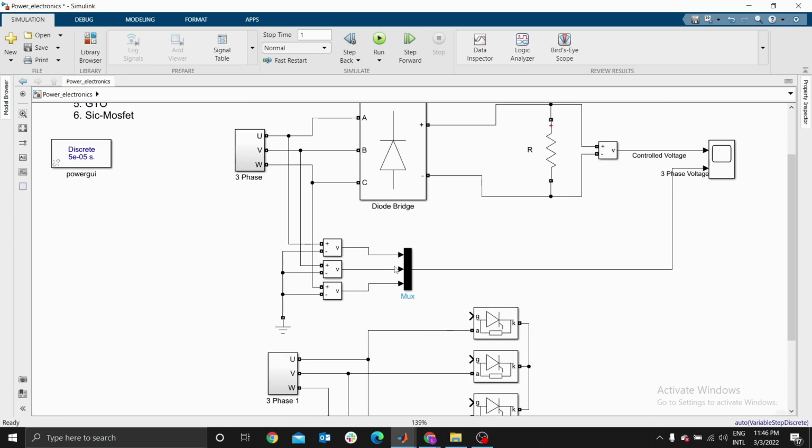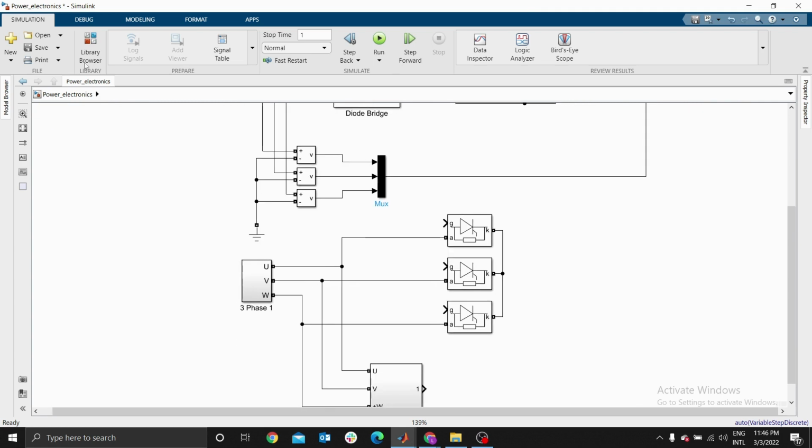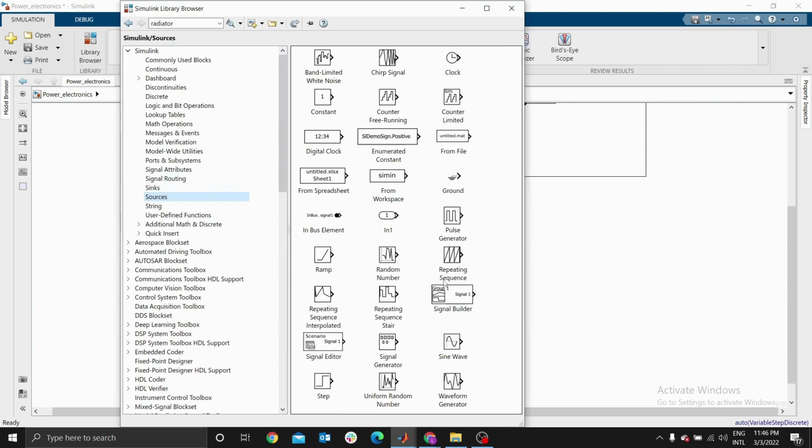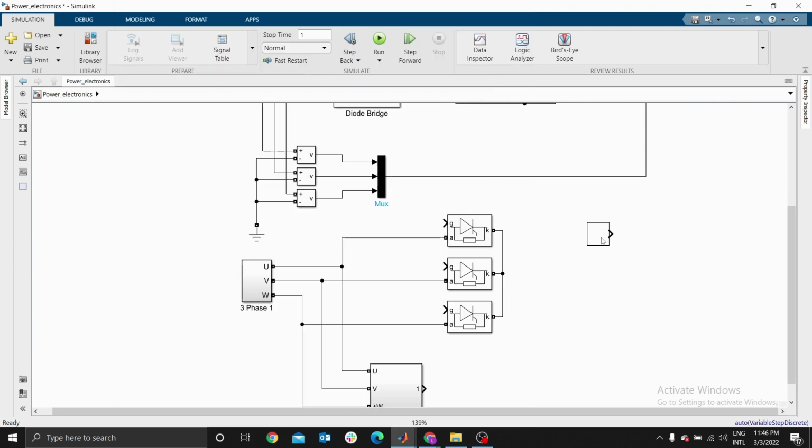Therefore, let me go back to Simulink source. You select pulse generator. We need 3 of them. One for the first one, this for the second, and this one for the third, like that.